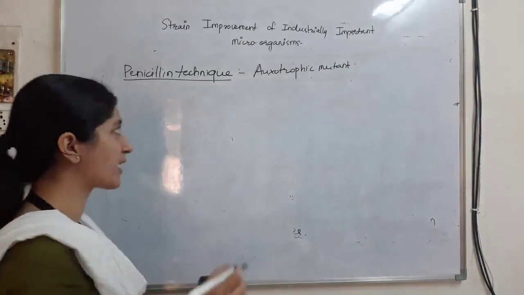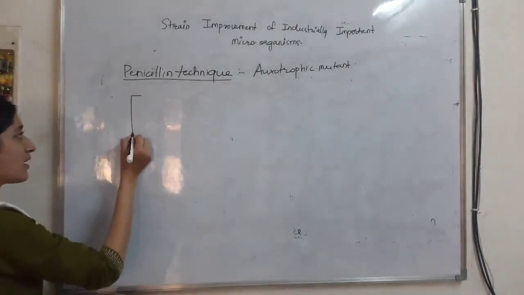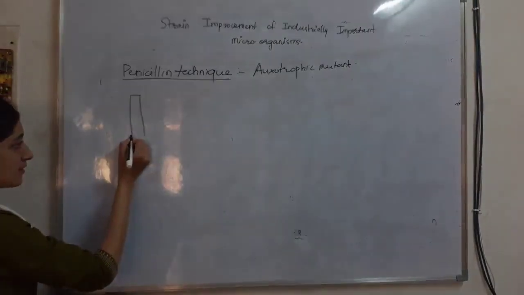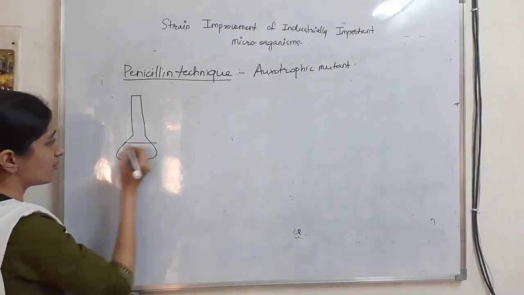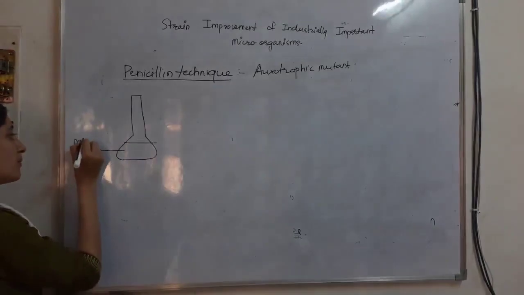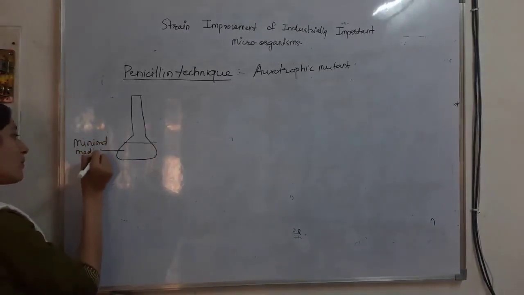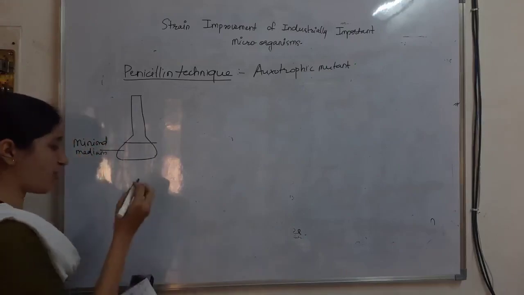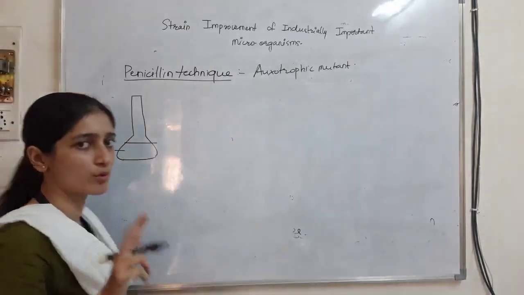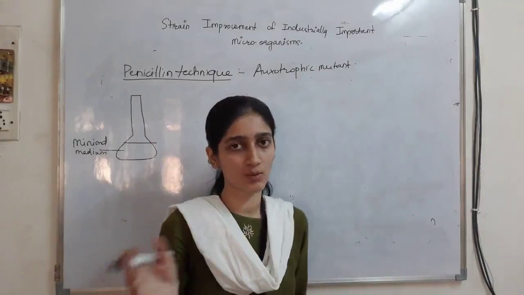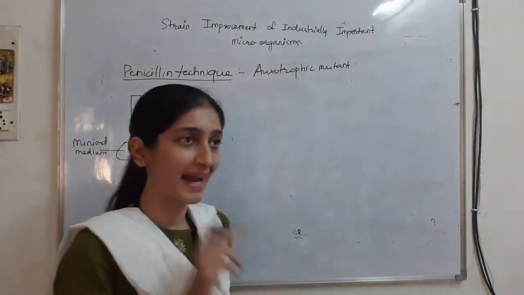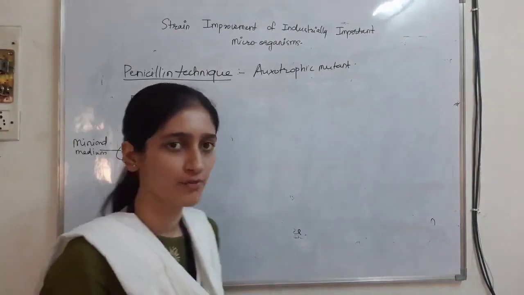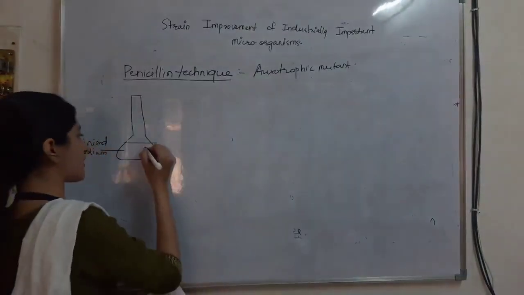In this, what we can do is, first, take a flask consisting of minimal medium, in which we can inoculate both the non-auxotrophic, that is wild bacteria or fungus, and auxotrophic organisms.